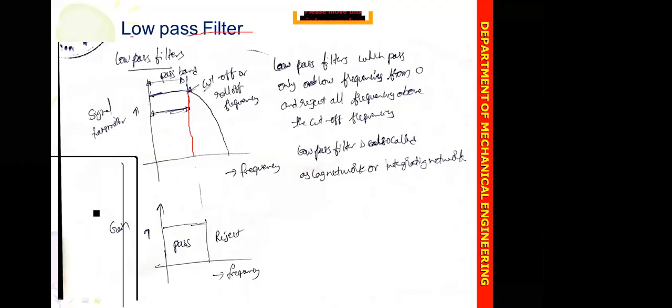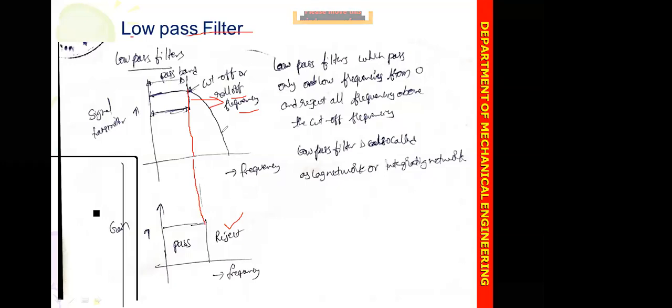The remaining frequencies, above the cutoff frequency, which we can also call roll off frequencies, are rejected, eliminated or deleted. These frequencies of a signal are unwanted and not required.